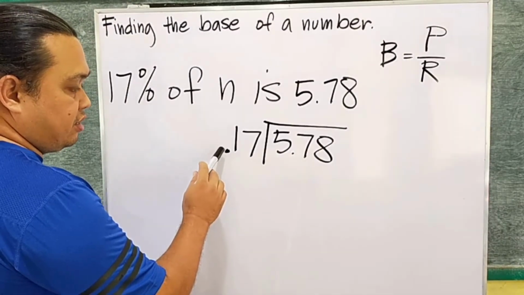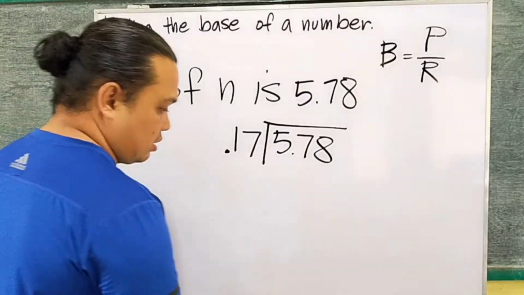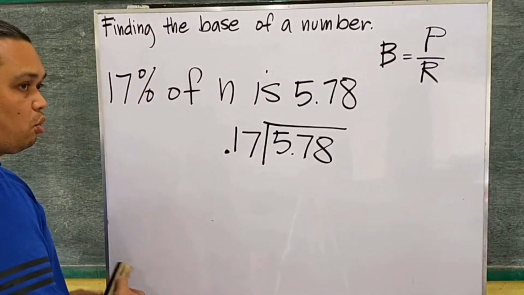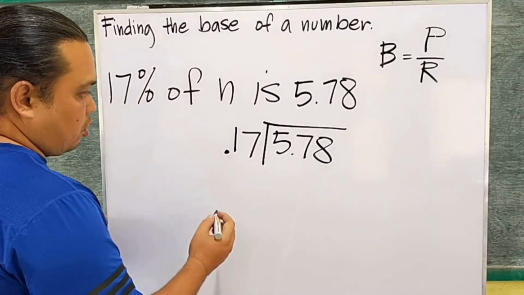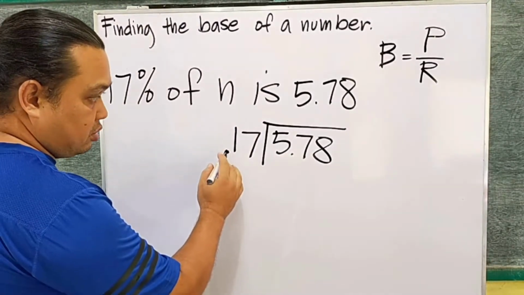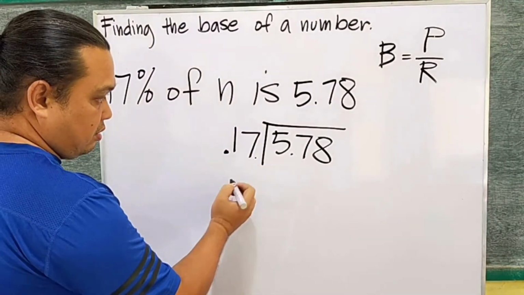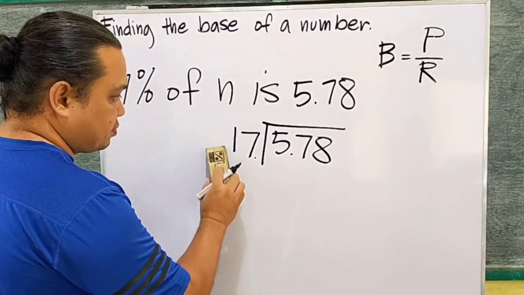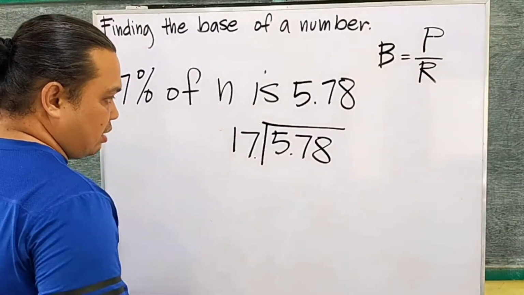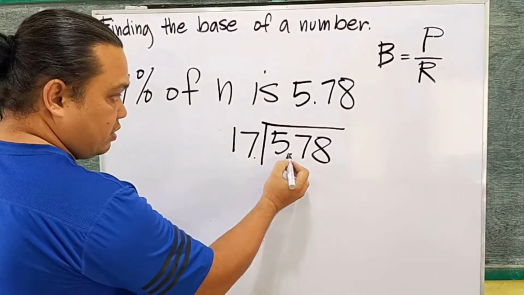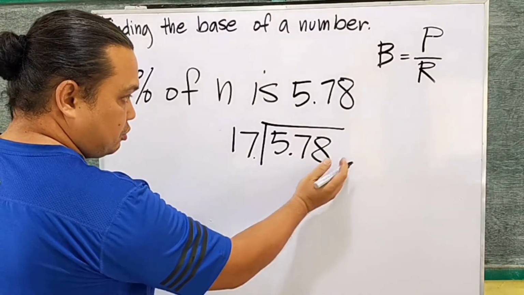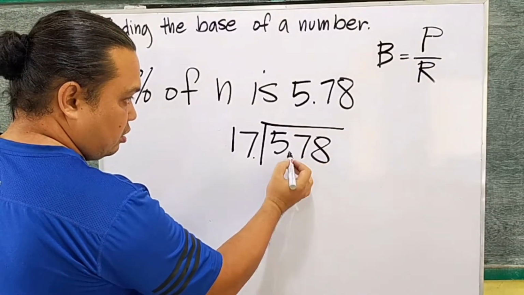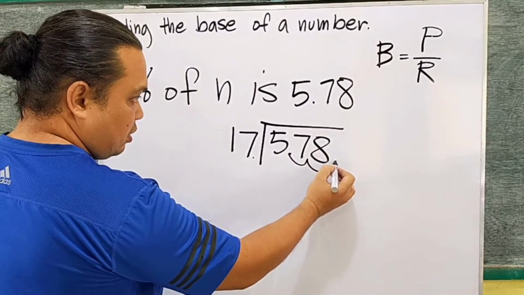By transferring the decimal point to the rightmost of that number, it becomes a whole number. So we only need 2 steps to the right. 1, 2, decimal point here, right? Erase this. But to equalize them, you also need to move the decimal point here 2 steps to the right also. So 1, 2, our decimal point will be here.